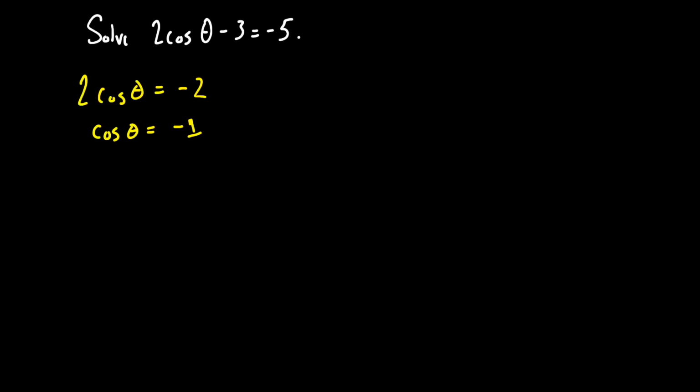Now, let's sketch a picture of our cosine theta again on the interval between 0 and 2 pi. Our graph will look something like this, and we see that in this interval, our cosine theta only achieves negative 1 at one value here. This means on the interval between 0 and 2 pi, we should only have one solution.